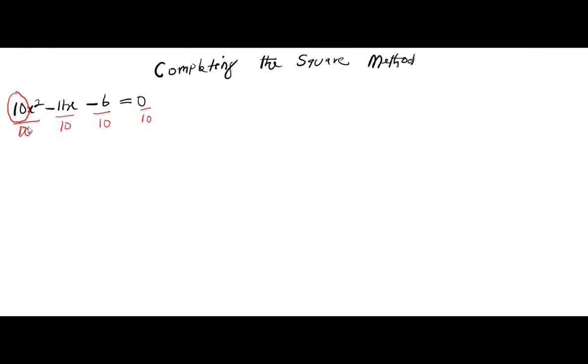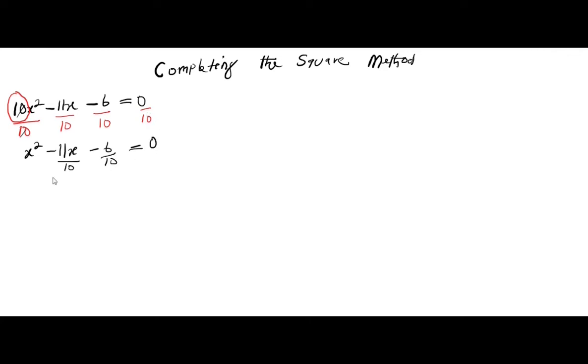Here 10 will cancel 10. So we have x squared minus 11x all over 10 minus 6 all over 10 equals 0, because 0 divided by 10 is 0.